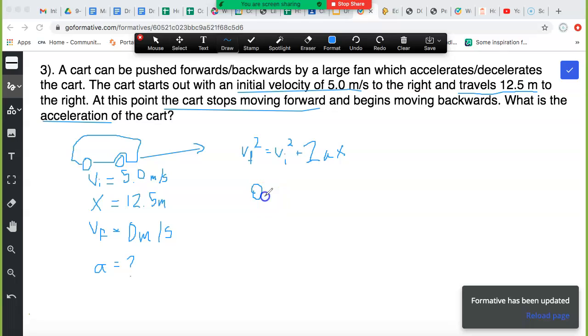So we've got 0 meters per second, squared, which is just ultimately going to be 0. Vi squared is 5.0 meters per second, and that is all squared, not just the number, but the units as well.